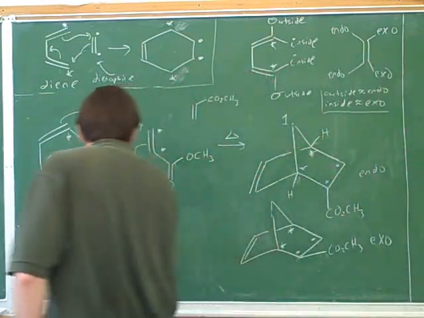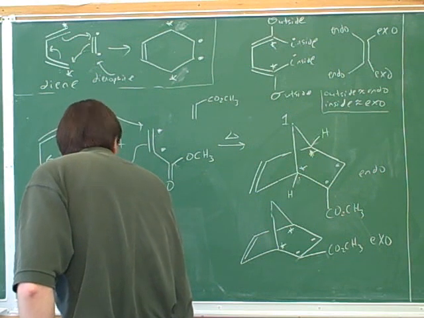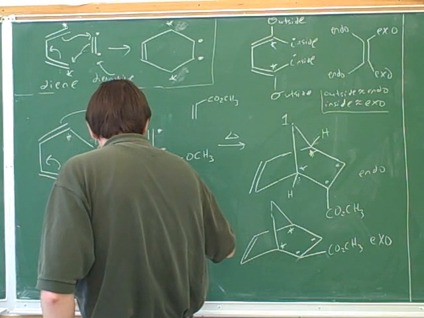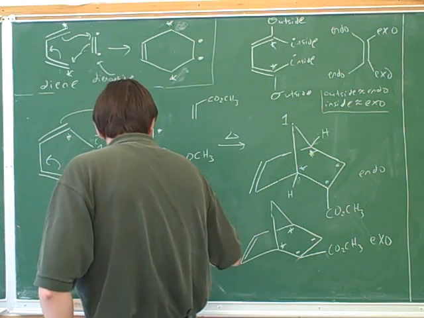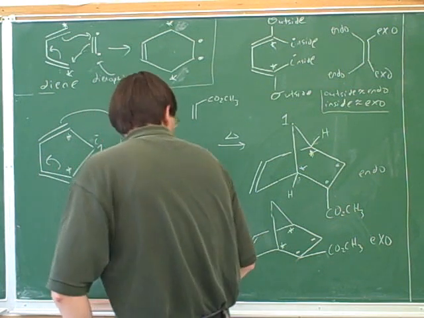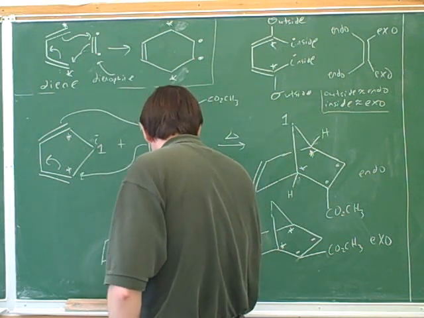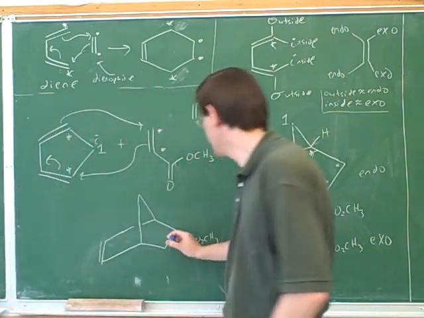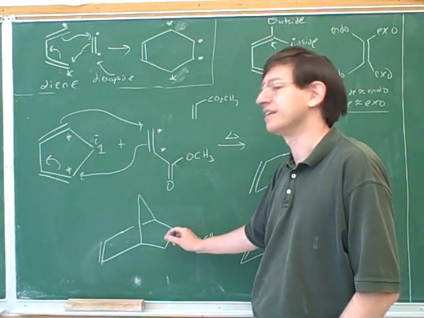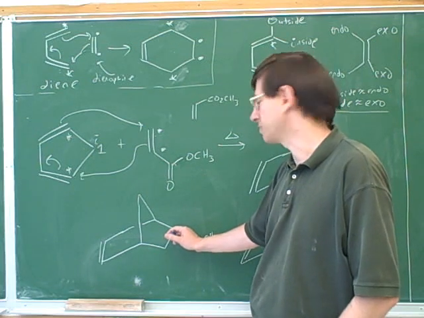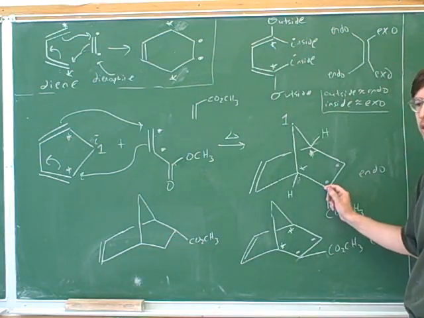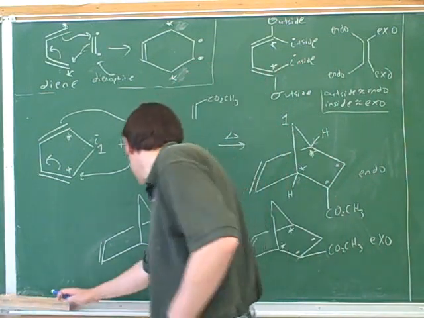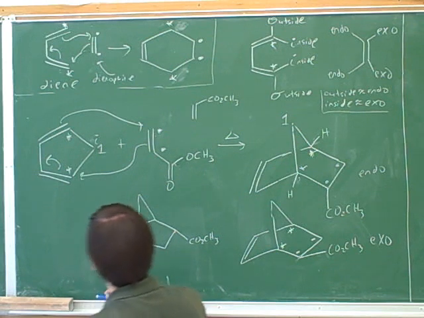And then it would end up on this carbon, which is a different picture. If the substituent is here, that's not the same molecule as if the picture is here. And this could again be either up or down for endo or exo.